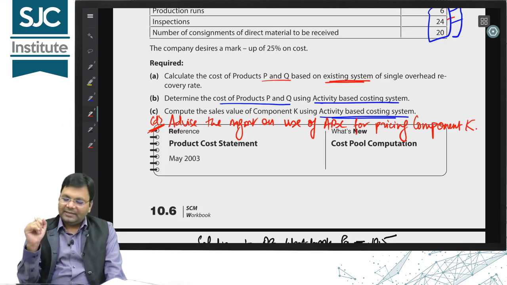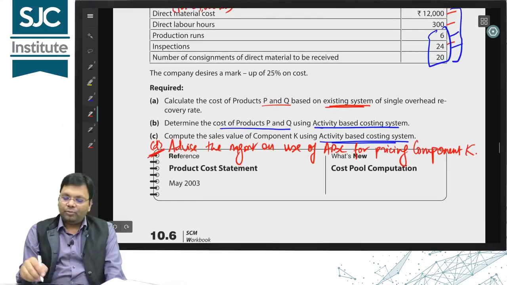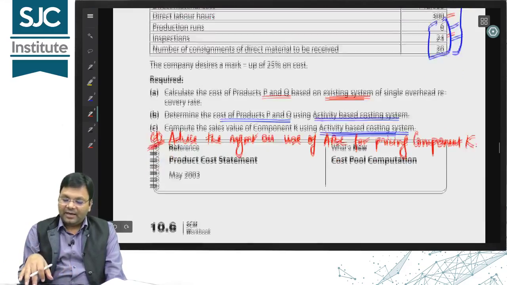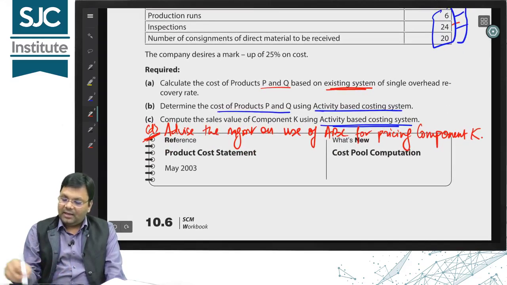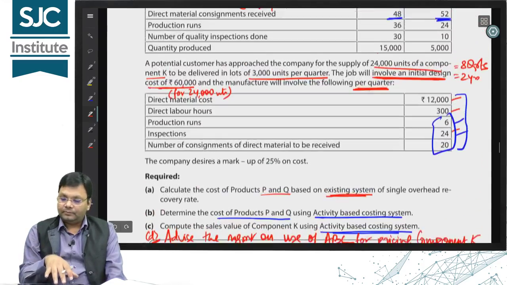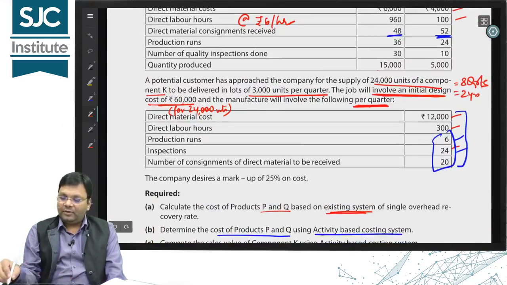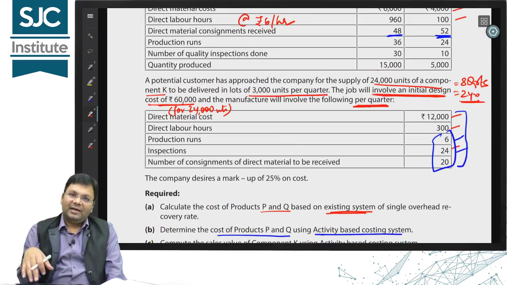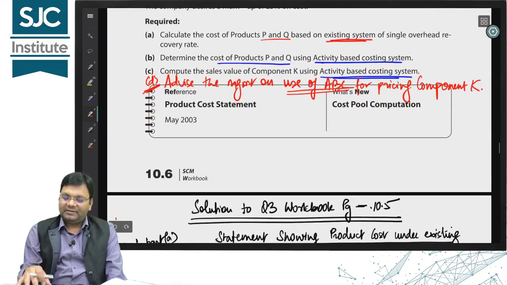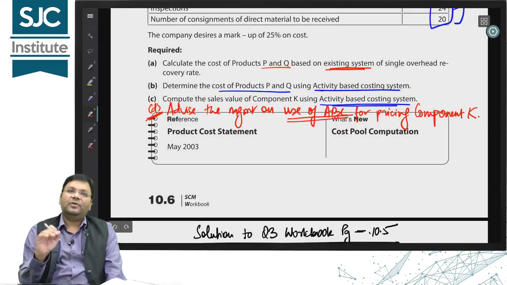Now what is being asked here? As you can see, component K is being priced using the ABC system. So we are asking here whether the ABC system being used for K is justified or not. Now if you see, component K's order is for 2 years. Remember, I had shared with you in my previous discussion that ABC is not for short term decision making.